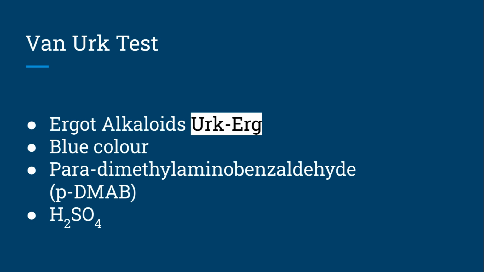And finally, the Van Urk test. This is another specific chemical test for alkaloid. The Van Urk test is used for identifying ergot alkaloids. What is the trick? Urk and erg.